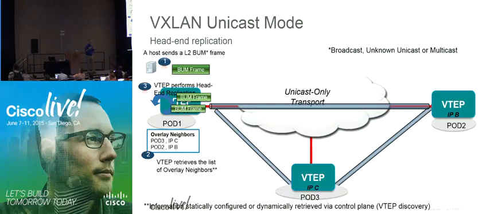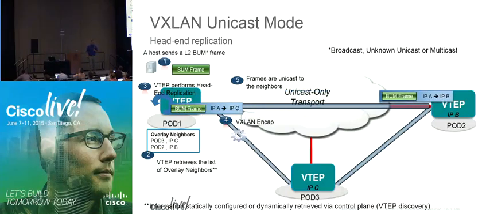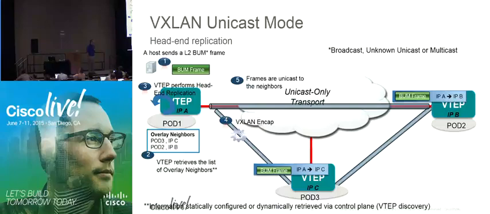So wherever the source host is connected to, that first VTAP copies that packet and sends it unicast-wise across the network to all the neighbors which are serving that respective VNI itself. So I don't need any multicast anymore. So I can use unicast and ingress replication to do so, but I need to know about all the potential neighbors I have and send it to them respectively.